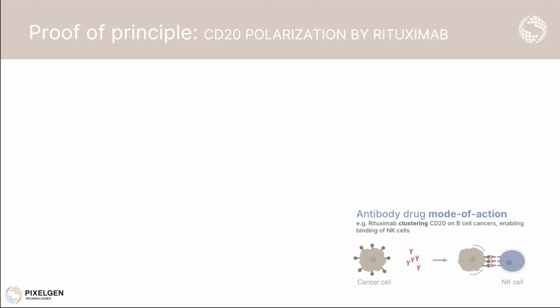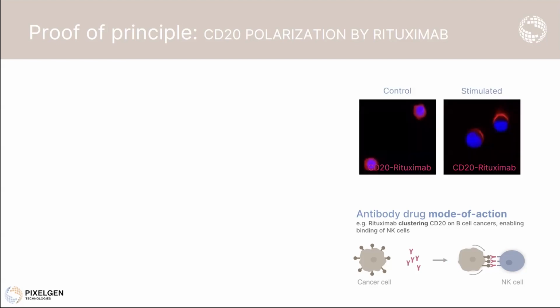And what we did is we treated cells with or without rituximab, and we wanted to check in the microscope, of course, to make sure that it actually worked. We could see here that the control samples are randomly dispersed all over, whereas the stimulated ones are polarizing to just one end of the cells.